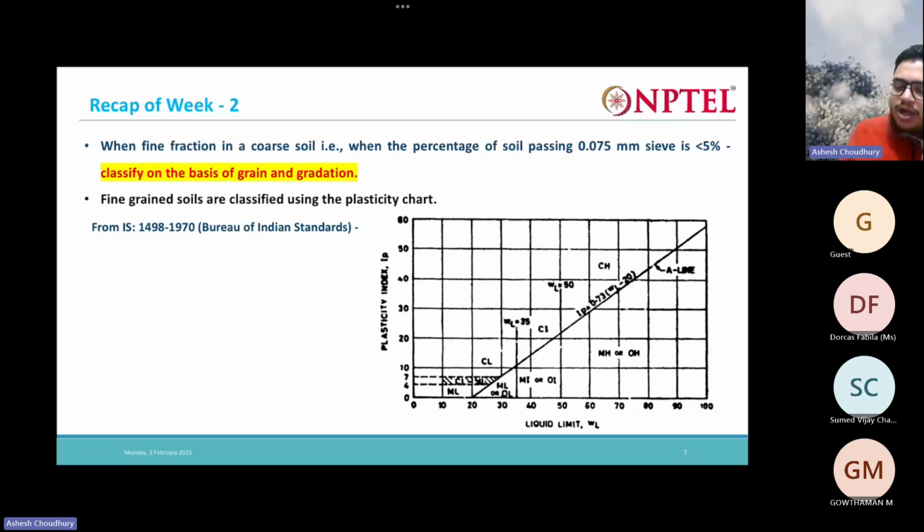If the maximum of the soil has a size of less than 4.75 mm, then it is going to be sand. So that's how you decide whether the coarse grained soil is gravel or sand.